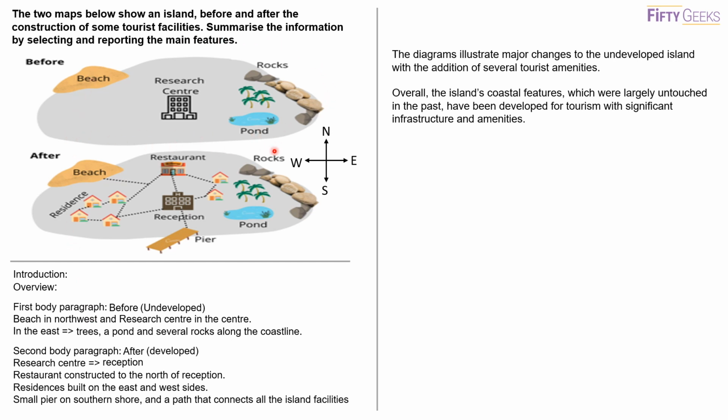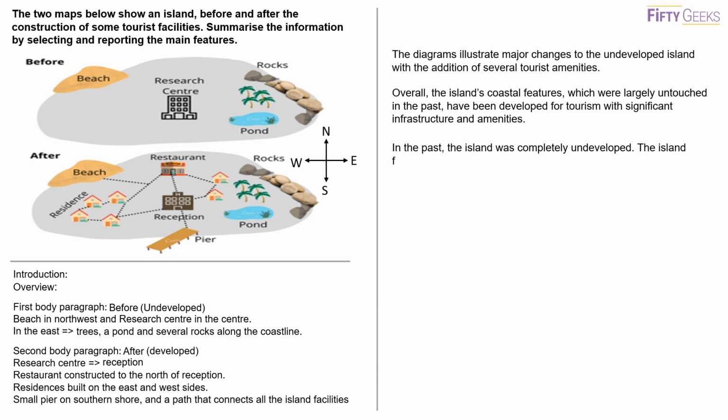After this, I will write the first body paragraph that includes the details of the first map of the island, which is completely undeveloped. Here I will consider all our draft points and will write accordingly. I will begin to write about the beach and the research center first. I will write it as, in the past, the island was completely undeveloped.